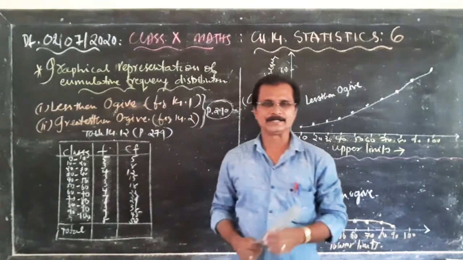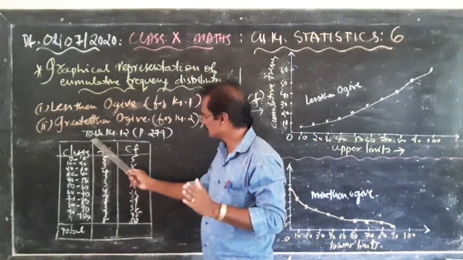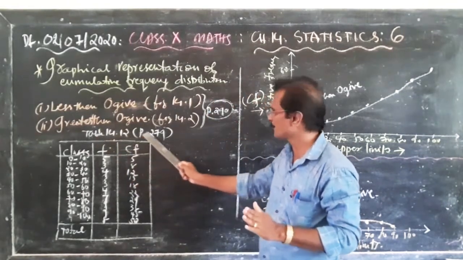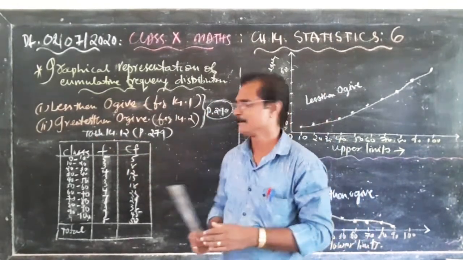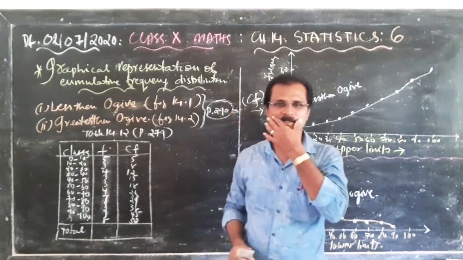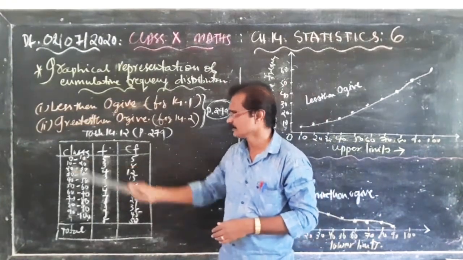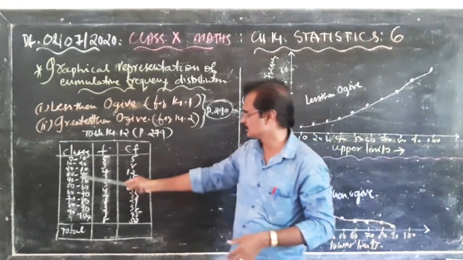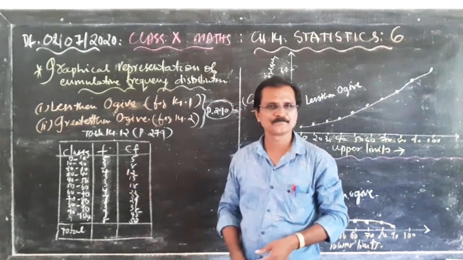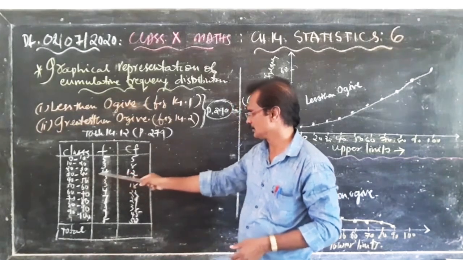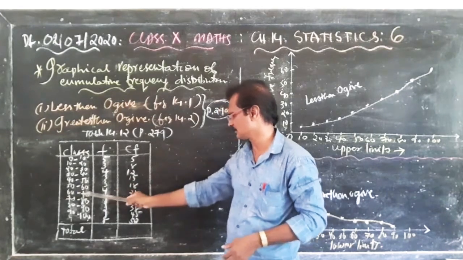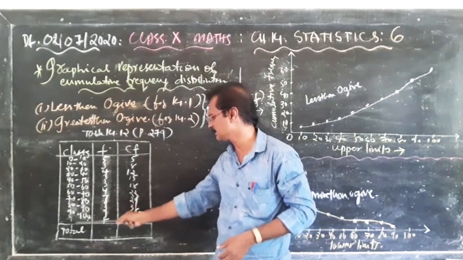Now we need a question. So for the question, please take table number 14.1 on page number 279. The classes given are 0 to 10, 10 to 20, 20 to 30, 30 to 40, 40 to 50, 50 to 60, 60 to 70, 70 to 80, 80 to 90, 90 to 100.